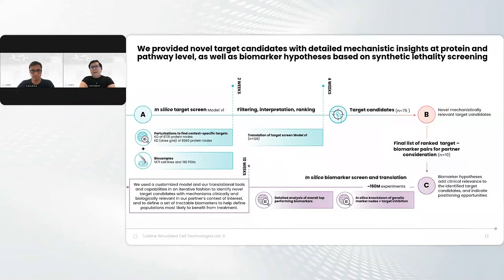So what we are doing is that when we are building these models, we are always measuring how much they are recapitulating known biological phenomena, including known effects of perturbations, known drug effects, known logical connections between perturbations, and so on.